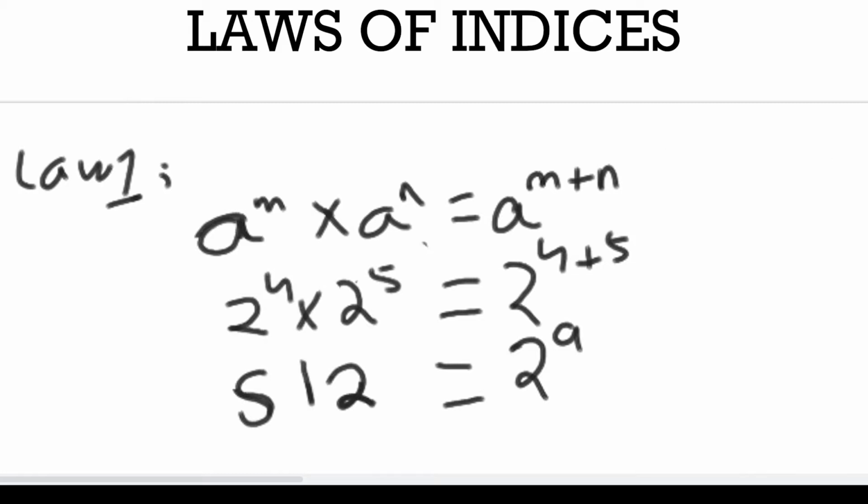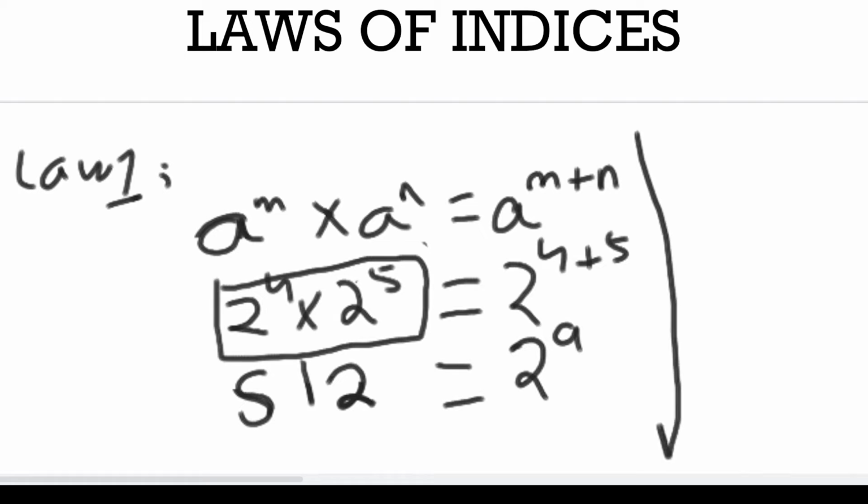Now let's prove whether this law is correct or incorrect. We will take this part of the equation and solve it as it is, without adding the powers. 2 to the power 4 is 16 and 2 to the power 5 is 32.